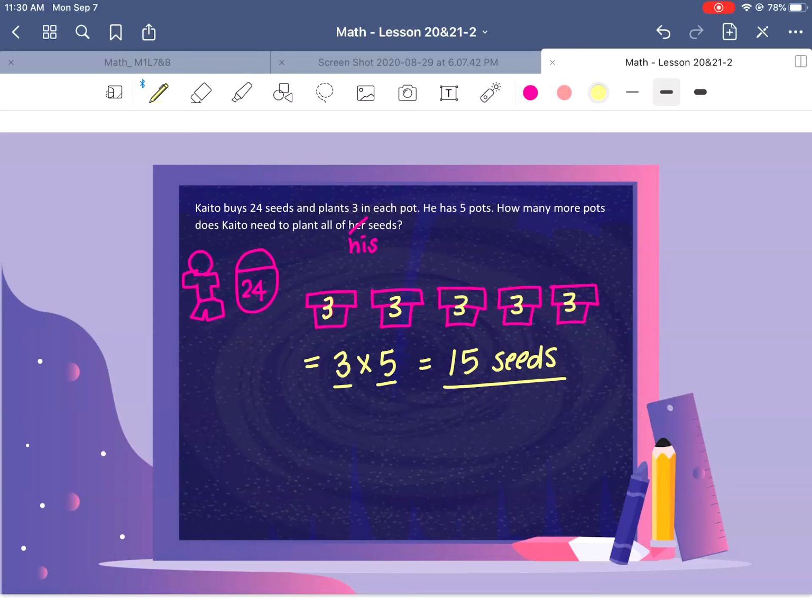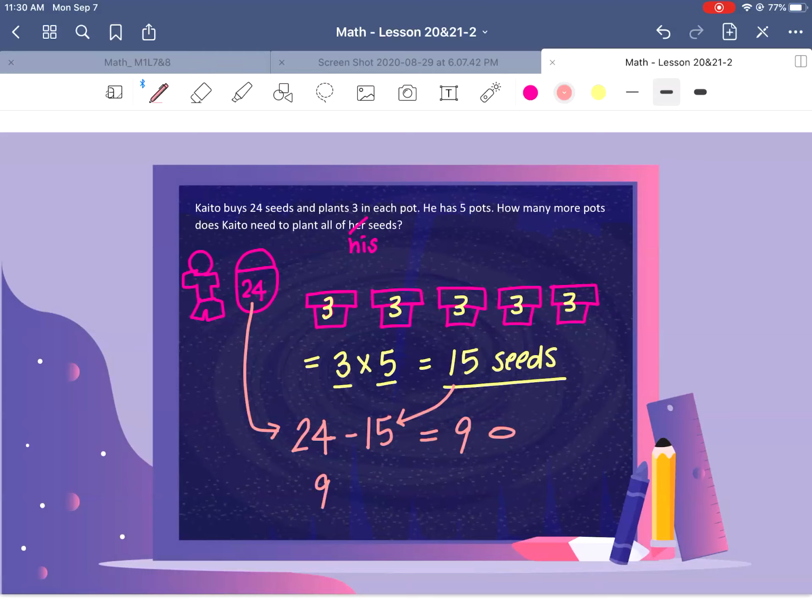So this is the number of seeds that he has planted. Then let's find out the remaining seeds. So initially he had 24. So from 24, we're going to take out 15 to find out the leftover. And I got the number 9. So he has 9 more seeds to plant.